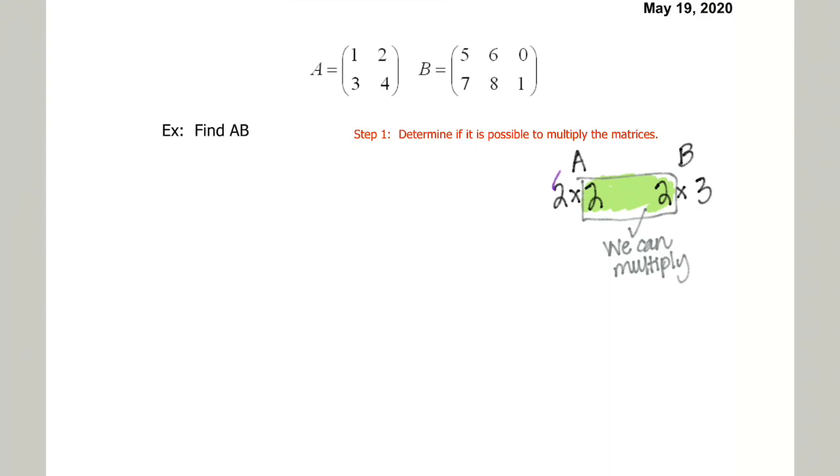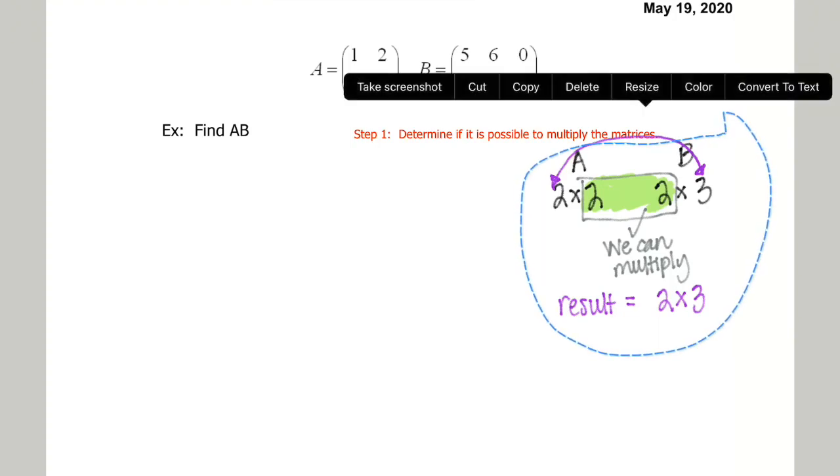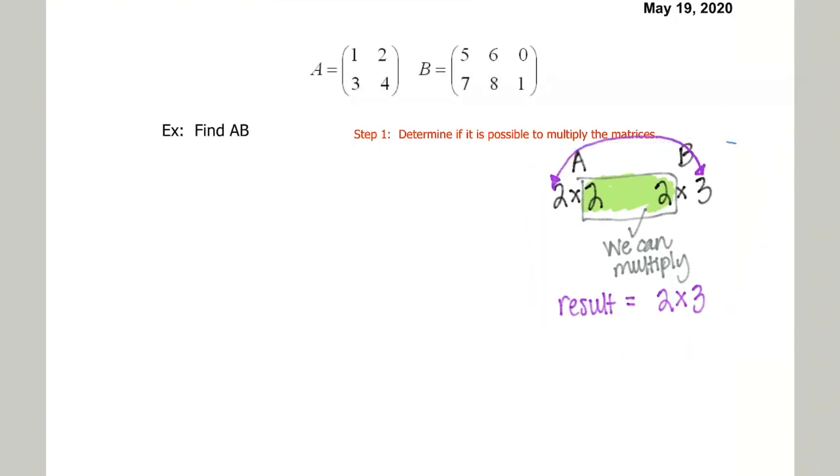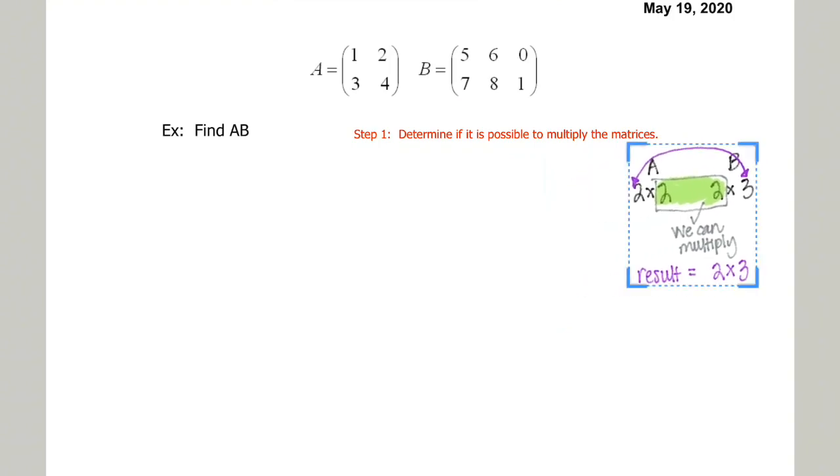And this is the cool part. The outside numbers tell you the size. So the result is going to be a 2 by 3 matrix. I'm going to resize that, make it a little bit smaller so I can use some room over here.